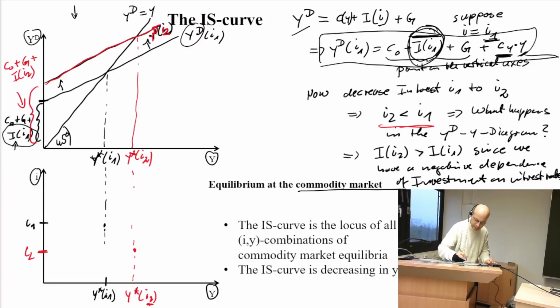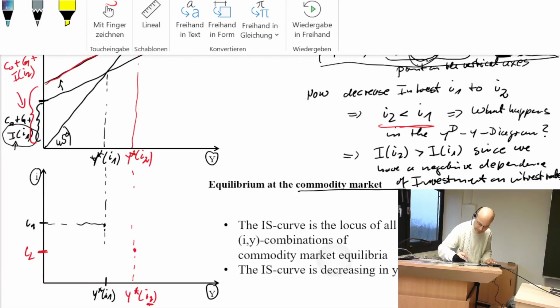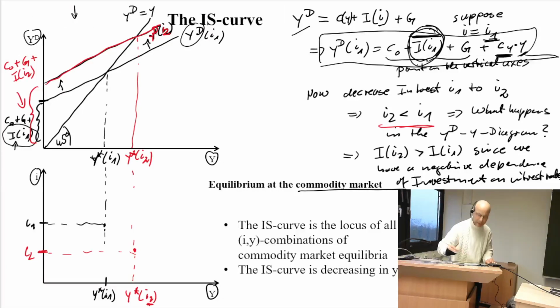And here we have this other equilibrium income depending on I1. And now, of course, we don't know where interest rates are. So this thought experiment we have to do for all possible interest rates.